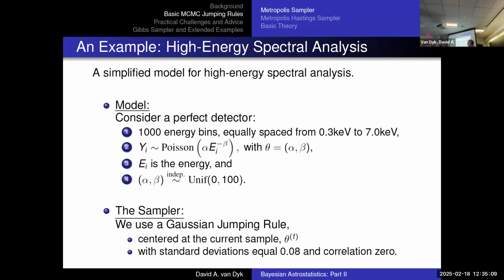Now I have 2 dimensions, but that doesn't really complicate things very much. Now I can take a random walk in a circle around me, and that's going to have a bivariate Gaussian distribution. You can imagine a correlated bivariate Gaussian distribution where I don't step that way, I only step in this direction, because I know my posterior goes in that direction. That might be a useful thing to do. In this case, I don't know anything, so I'm just going to say the correlation is 0.